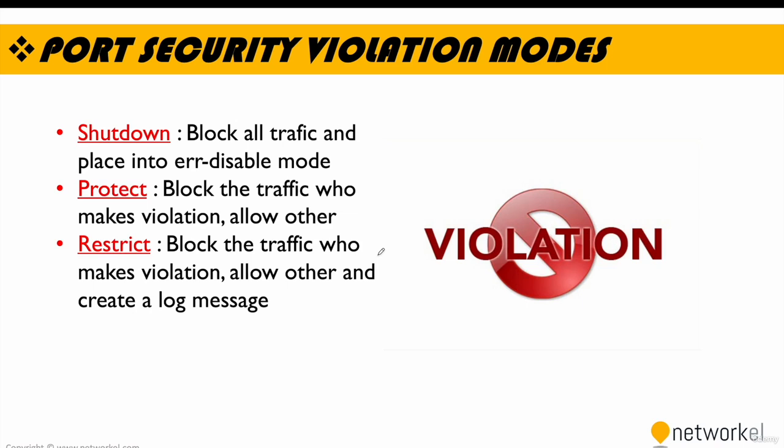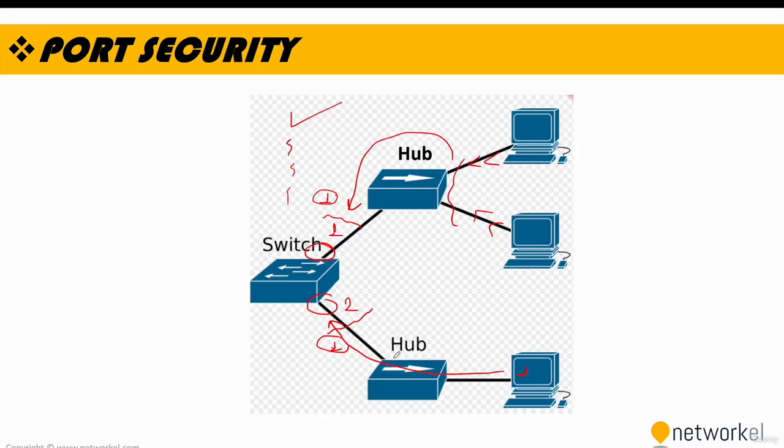Okay, so whoever comes first, for example in this case, let's say this is PC1, it is connected first, okay, and ignore this as of now. And this switch learned the MAC address of this PC1 and life is good. Then another guy came here and plugged in another PC, PC number 3, let's say. Then this switch will learn one more additional MAC address, the MAC address of this PC3.